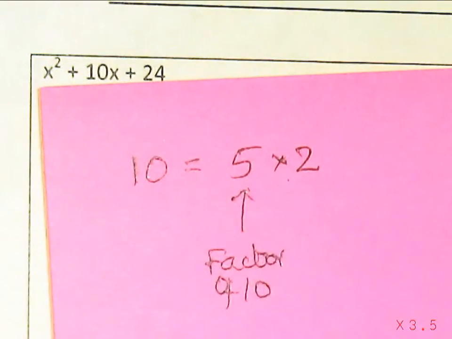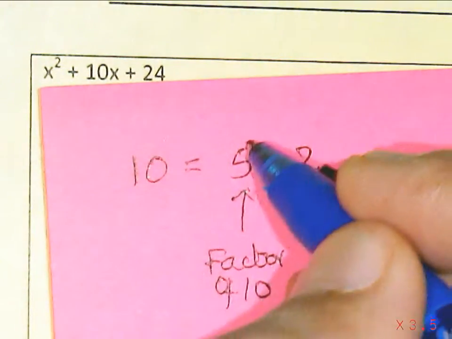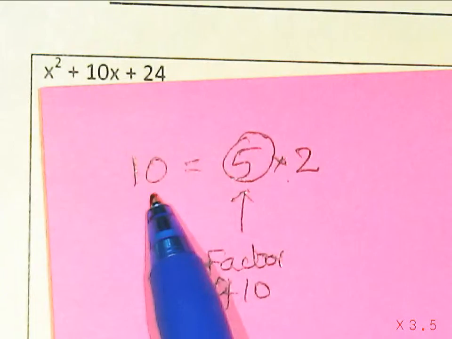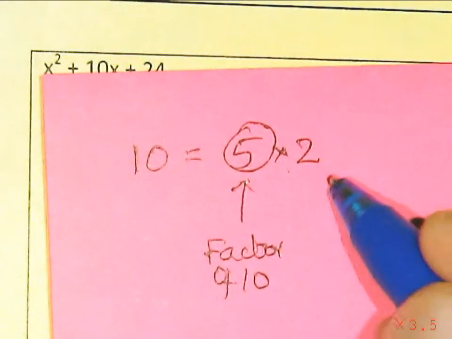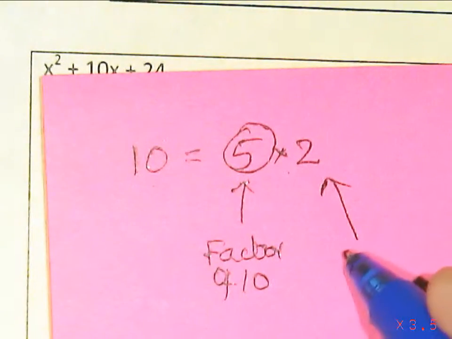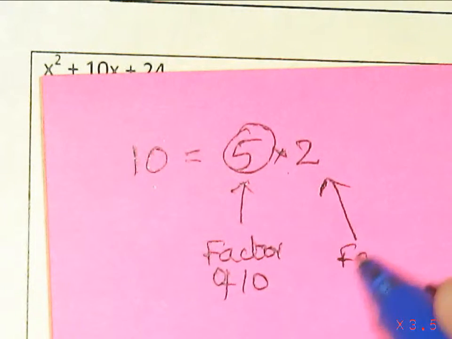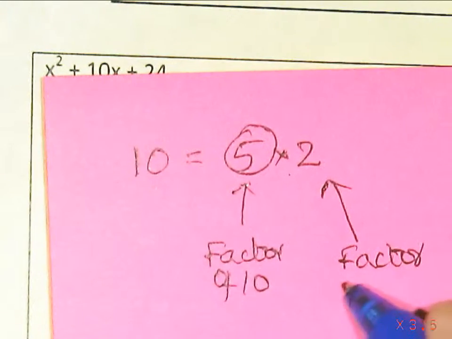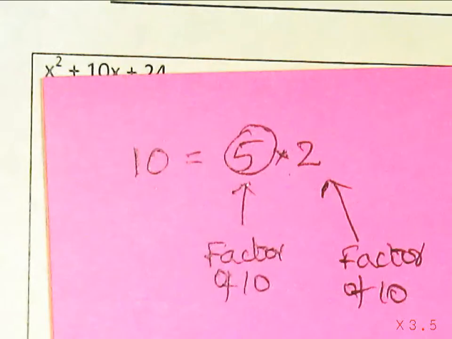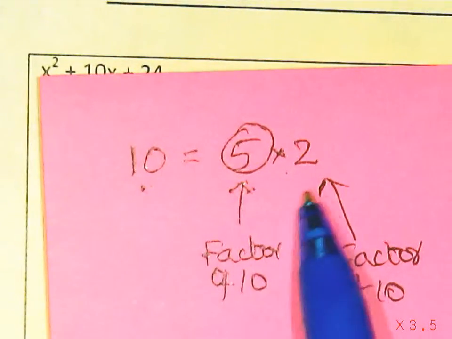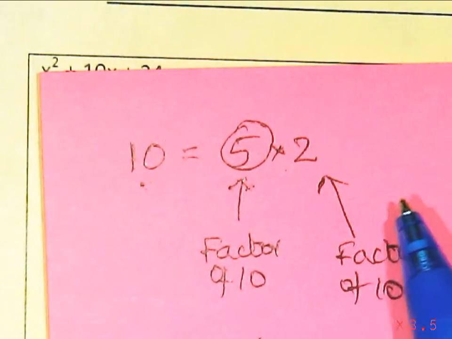That means 5 is a factor of 10. I can divide 10 by 5. In the same way, I can divide 10 by 2, so 2 is a factor of 10. Fine. So you can factorize and write it as the product of two values.